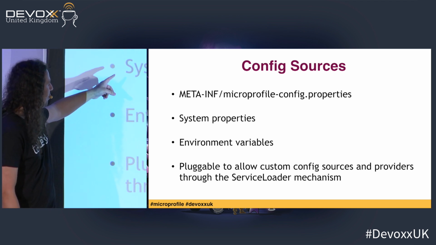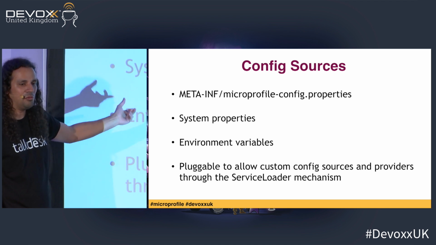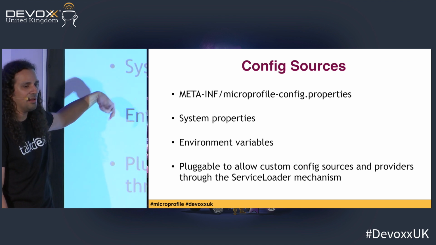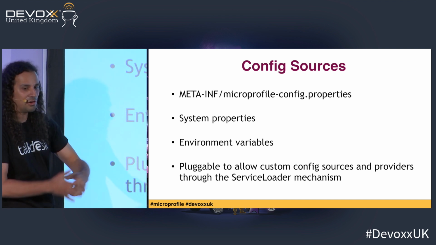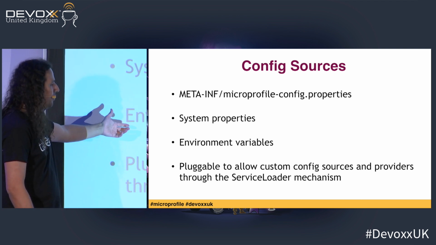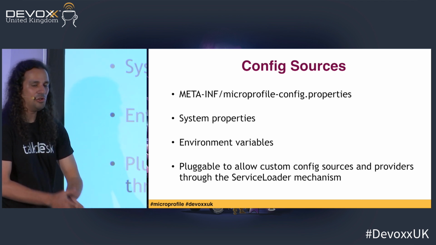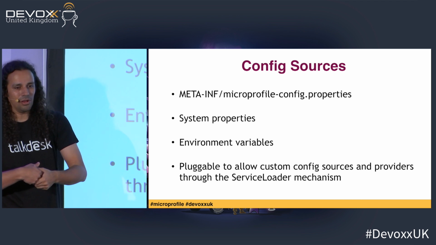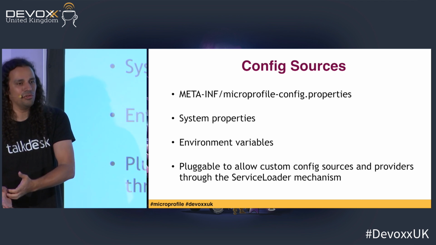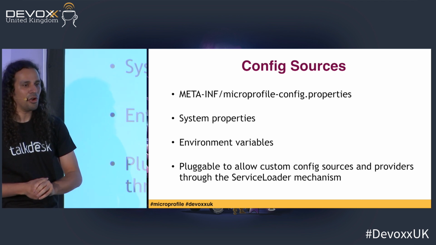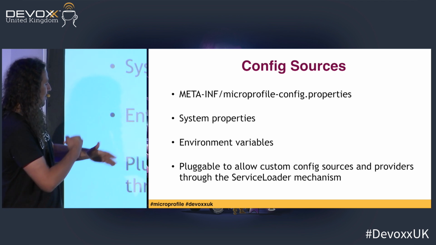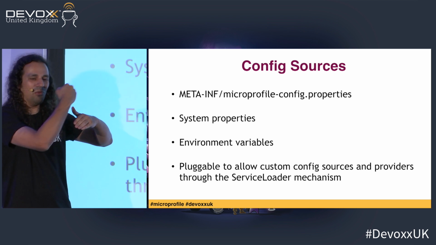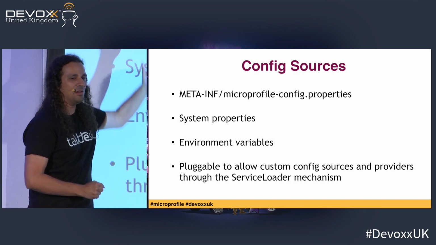But there are also system properties and environment variables. That means you're able to pass in configuration using -D when you start the JVM, or when you set up environment variables on your machine, either a physical machine or even a Docker container. So you can set up environment variables on a Docker container, and the idea is that you are able to override stuff depending on where you define the configuration.